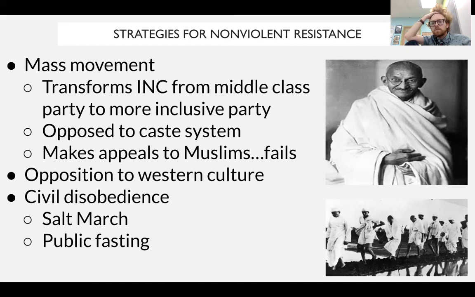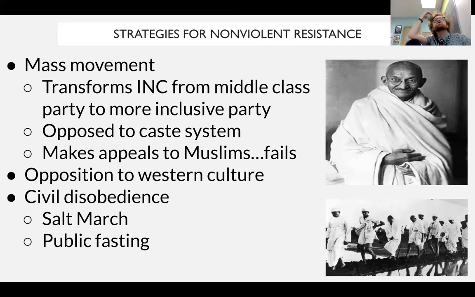And there's also going to be this overall fear, something that I talked about earlier, that the British are there to protect Muslims from Hindus. So Hindu nationalist extremists who aren't in favor of Gandhi are alienating for Muslims. And Gandhi isn't able to bring in these Muslims towards his independence movement, unfortunately.